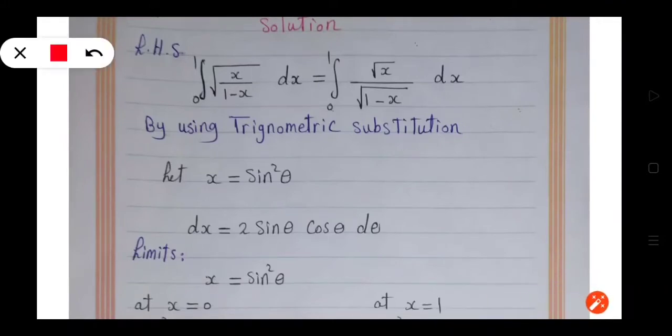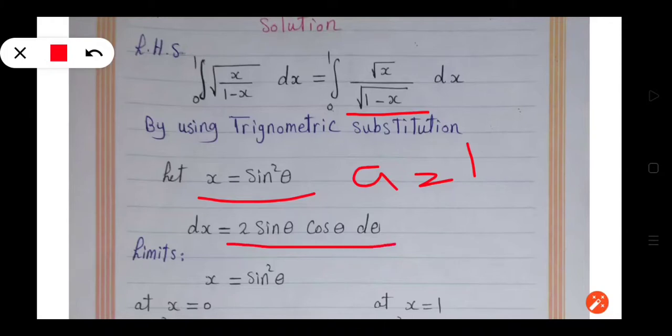Notice that we have root 1 minus x, and we have x of power 1, and all this form is the form for sine. So we put x equals sine squared theta, as a equals 1. To find dx, it's 2 sine theta cosine theta d theta.